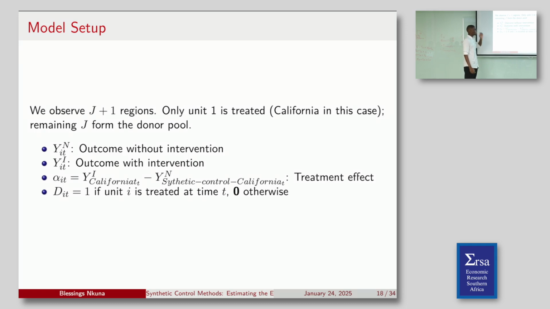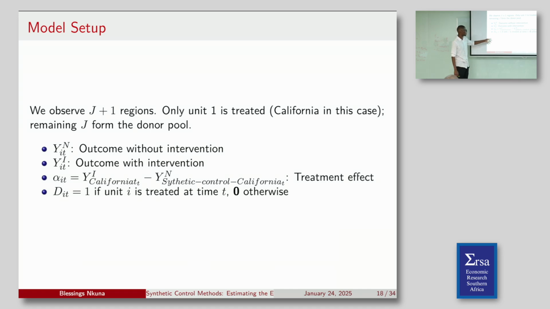So they observed J+1 regions, J being the states, and 1 treated, being California, and the remaining were donor units. Just like we saw, you have Y^N, which represents the outcome without the intervention for the donor units, and then Y^I represents the outcome for the treated unit. Alpha_it, like the professor said, represents the treatment effect in this case.